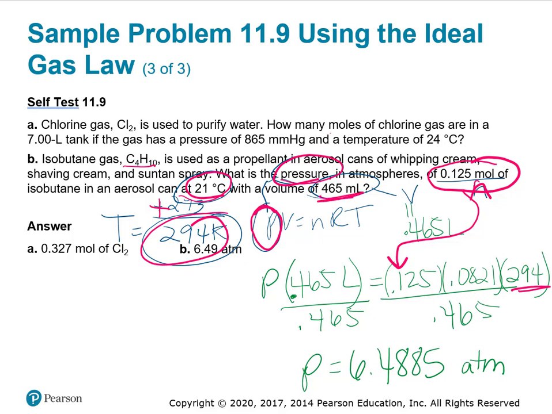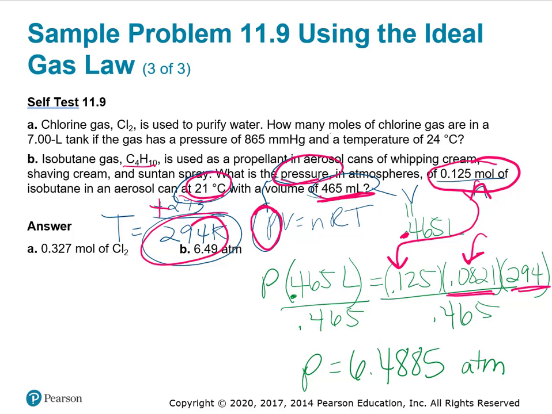volume of 465 milliliters. I put milliliters right into liters, so I moved the decimal back 3 spots, 0.465 liters, because my R value, my constant, is in liters, atmospheres, moles, Kelvin, so that needs to be in liters.